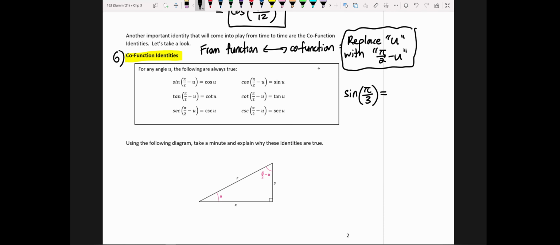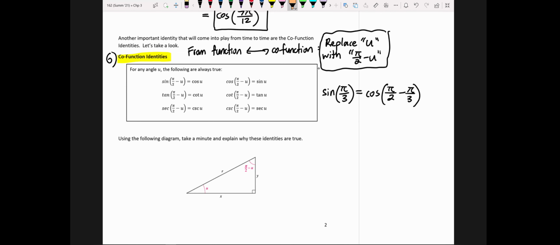When we go from sine to cosine or cosine to sine, tangent to cotangent or cotangent to tangent, secant to cosecant or cosecant to secant, all we need to do is replace the input with pi over 2 minus input, when you're going from function to cofunction or cofunction to function.